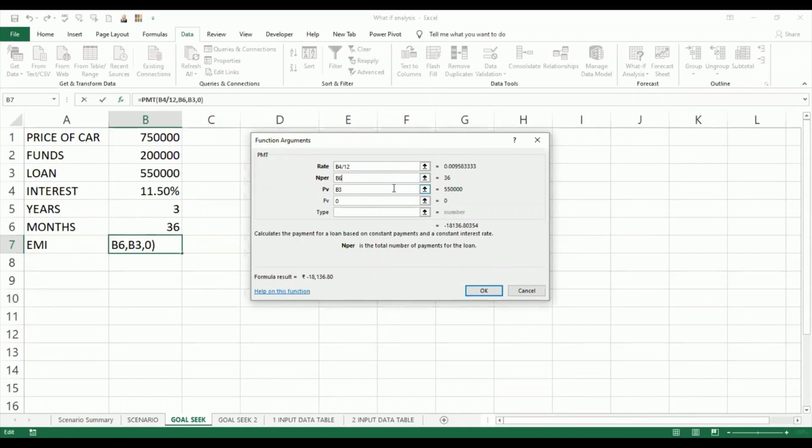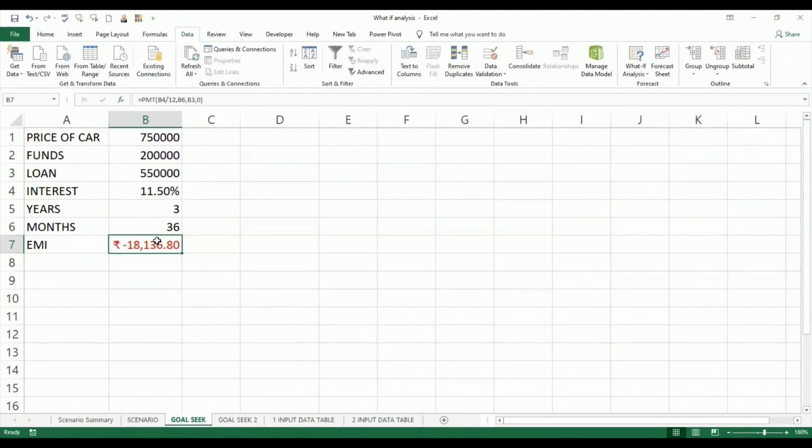Then is PV, which is the present value. That means nothing but the value of the loan that I'm taking. Future value is, are you going to be able to pay the full loan or no? So I put 0 because I say yes. I don't want to leave any money behind. I don't want the loan to get carried forward. The loan is going to be fully paid. So that's why there is a 0 for future value. And I say, okay. And I get my EMI.